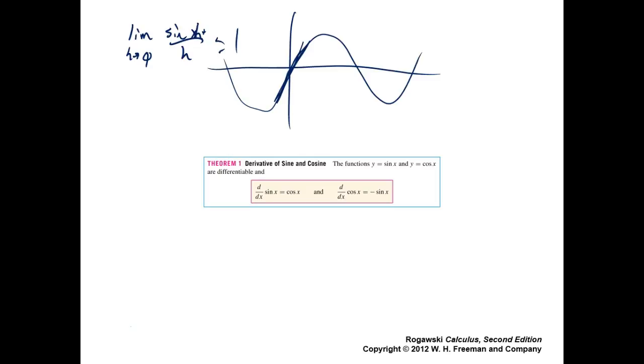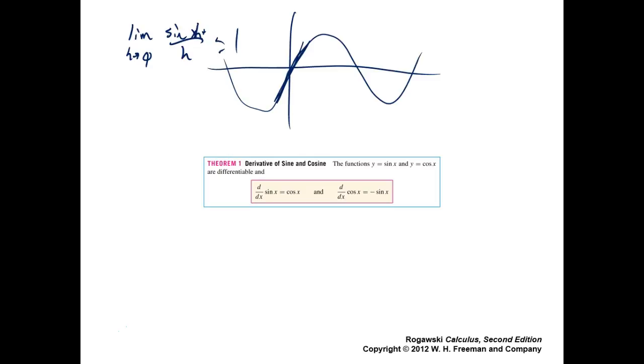I'm just going to go to the end of chapter 2. I bet you it's there. I think it's 2.6, yes, for sure, 2.6. It's their theorem 2, page 90 in my book.